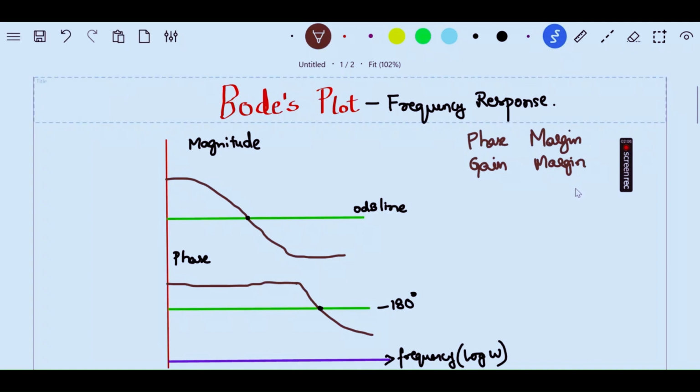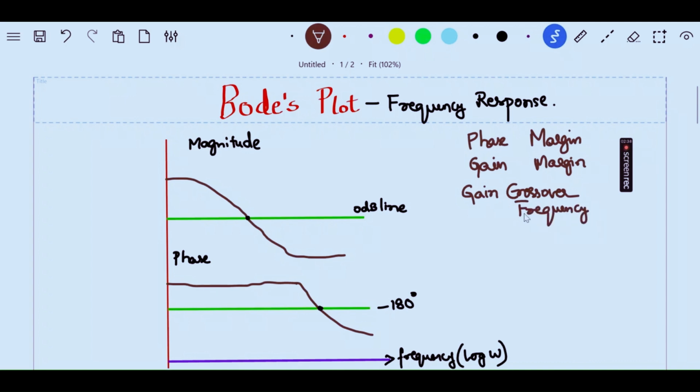After plotting the phase and magnitude plot, we are going to use a method which I'm going to tell you now, which will allow us to calculate two values: one is the phase margin and the other is the gain margin, along with two frequencies. One is the gain crossover frequency.